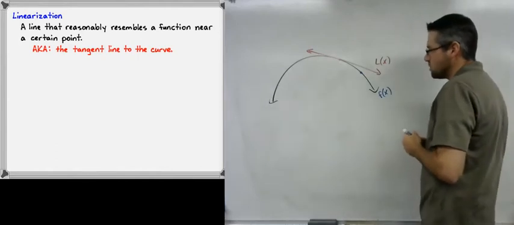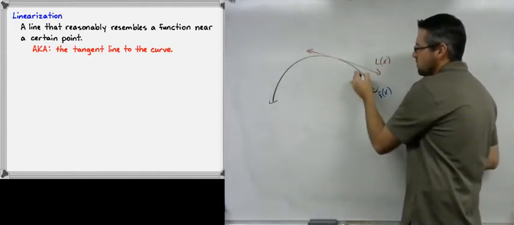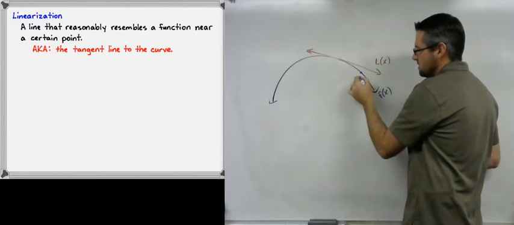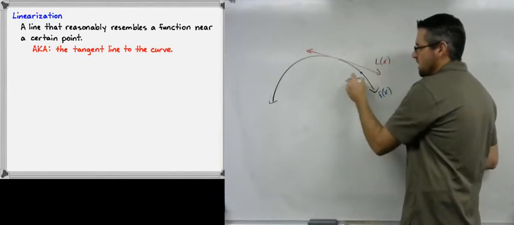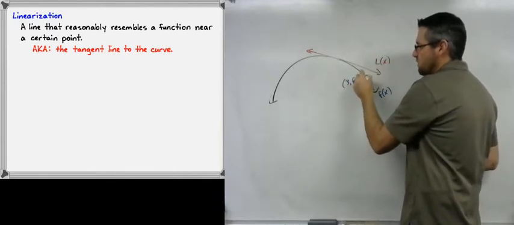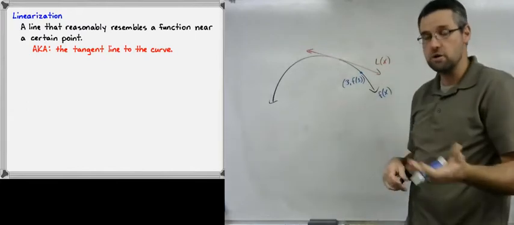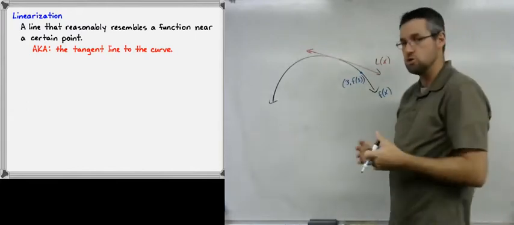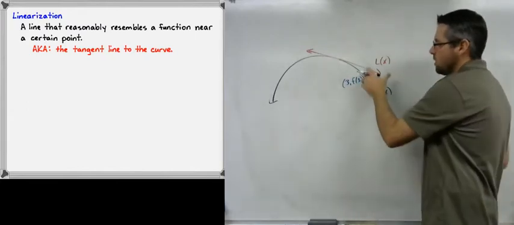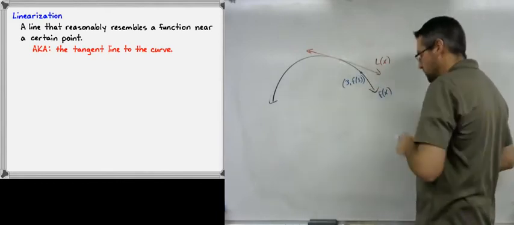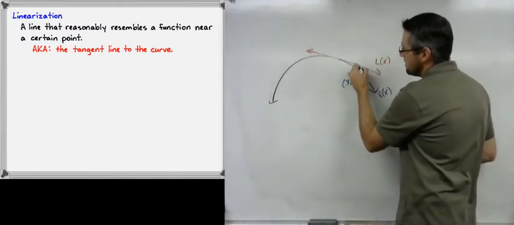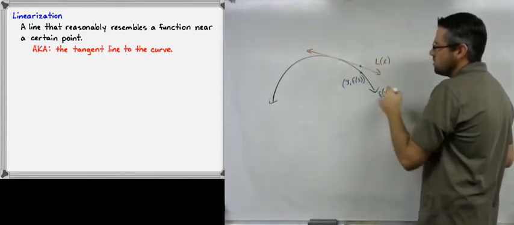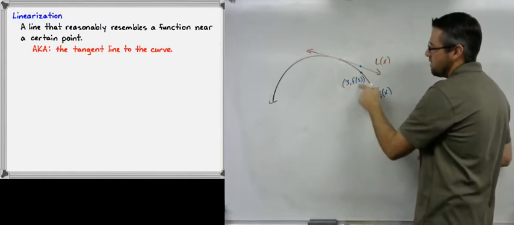If I were to ask you to find out whatever value this is, let's say this x value is 3, then how would I find that value? Well, that value would be f of 3 if I gave you the function. And you could use the function to evaluate. Not all functions you can evaluate. But let's say I wanted that value. I can't know that value directly, but what I can know is the value of the tangent line at that point. So we would say that this point is 3 comma f of 3.